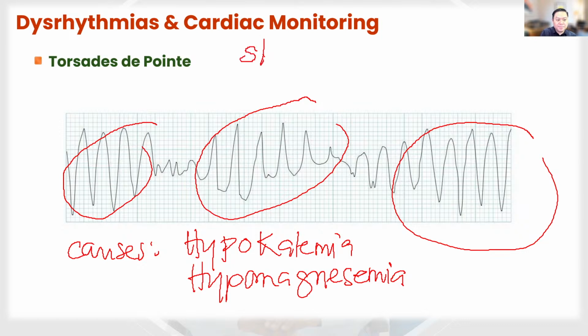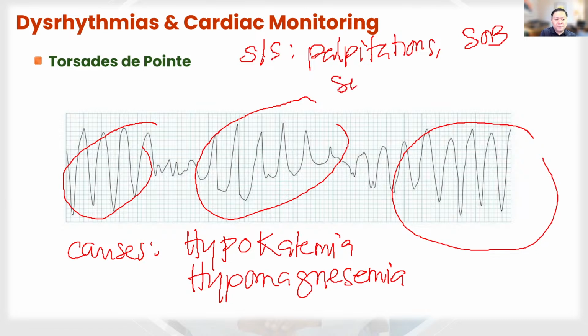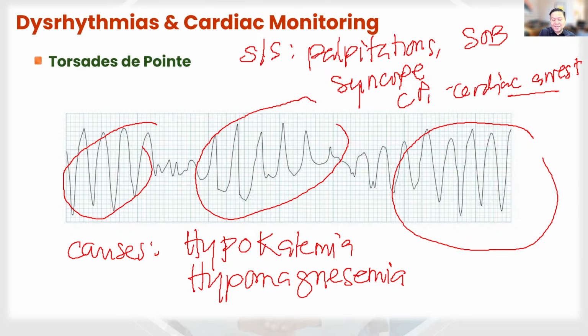Signs and symptoms: there will be palpitations, shortness of breath. They probably would feel like they're going to fall, syncope, and also chest pain and cardiac arrest. All right. So this is a life-threatening occurrence that needs to be addressed right away.